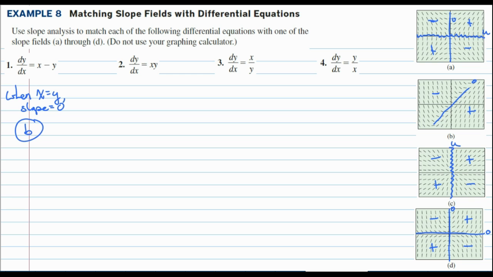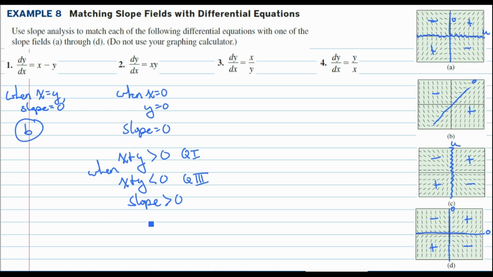Number 2, x times y. Well, let's see, if I'm analyzing positives and negatives, I can say that, first of all, when x or y equals 0, the slope is 0. So far it's looking like D. But let's keep going.